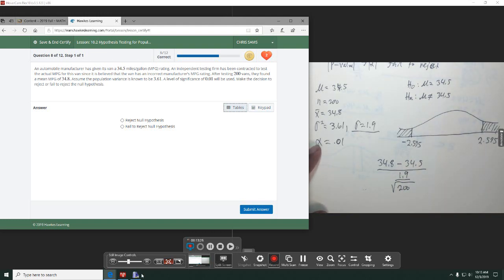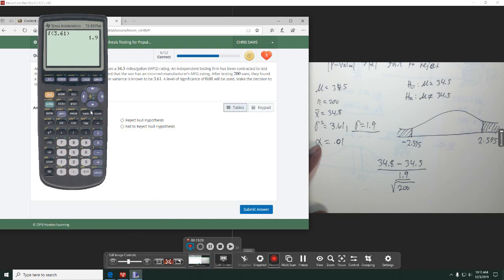Compute this. Open parentheses, we'll do the top, 34.8 minus 34.5, close parentheses, divided by, open parentheses, 1.9, divided by square root of 200, and close twice.